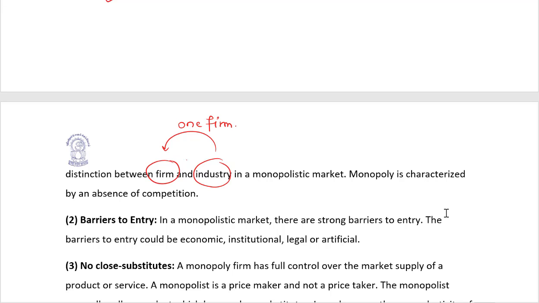If I talk about the railway industry in India, only one firm is there, and that is Indian Railway.